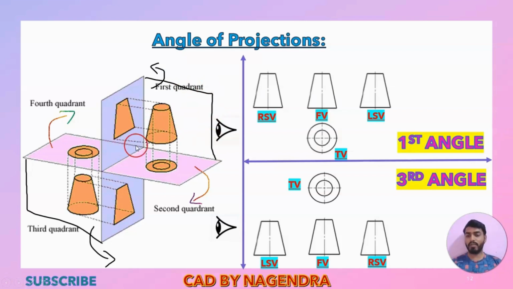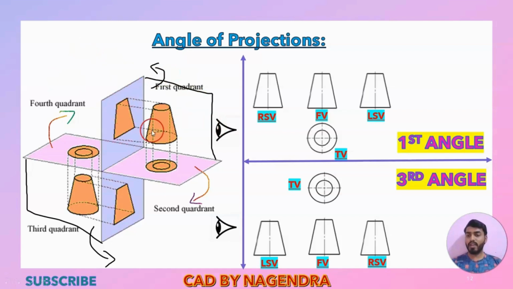If I am looking from this side, this entire shape will be specified here like this. Then again assume that we have one more plane on this side also. This is the front side, because whatever view we get directly in front of our eyes, that view we call the front view.